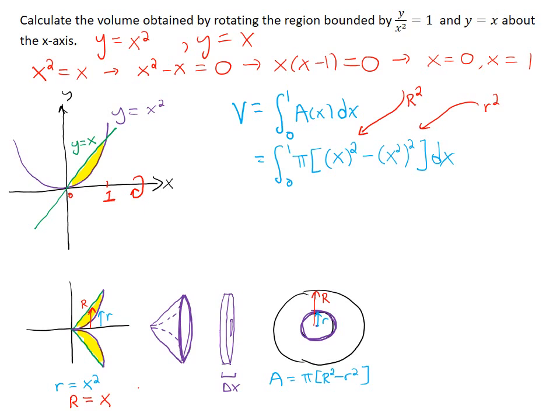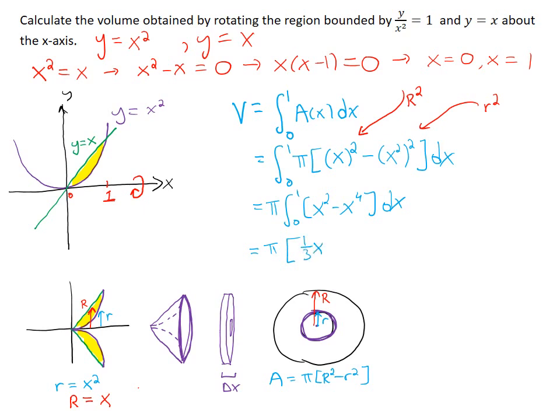Okay, now we'll simplify the integral. Bring the pi out front, it's constant. We're going to go from 0 to 1 of x squared minus x to the 4 dx. Now it's a problem from chapter 5. Okay, take the antiderivative, evaluate on the bounds. Antiderivative of x squared is 1/3 x cubed.